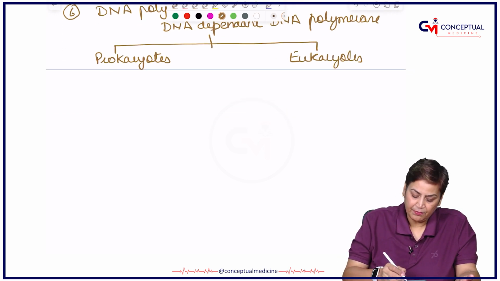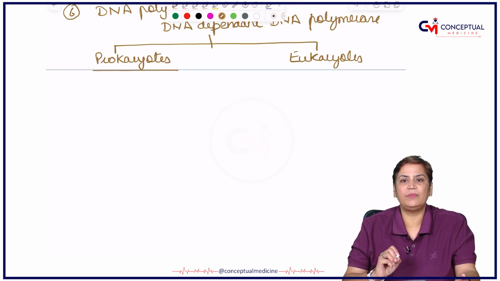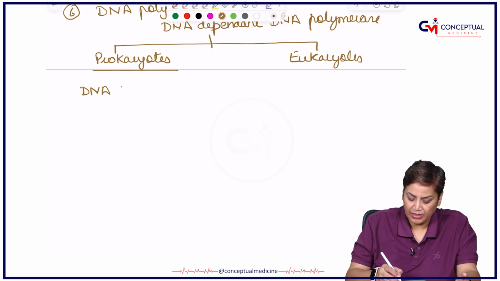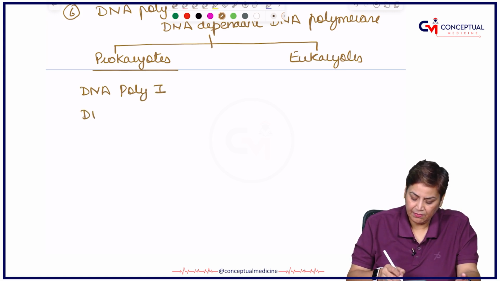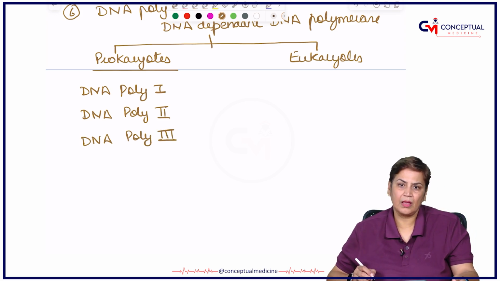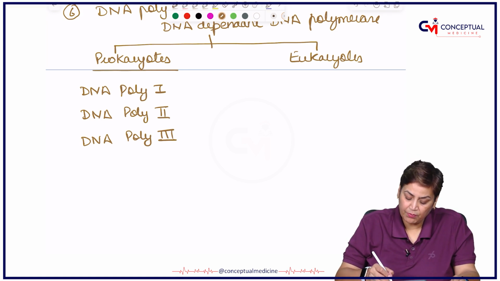In prokaryotes, DNA polymerase is of 3 types. So we can say DNA polymerase 1, DNA polymerase 2, and DNA polymerase 3. If we talk about polymerase 1, the most important function is primer removal.